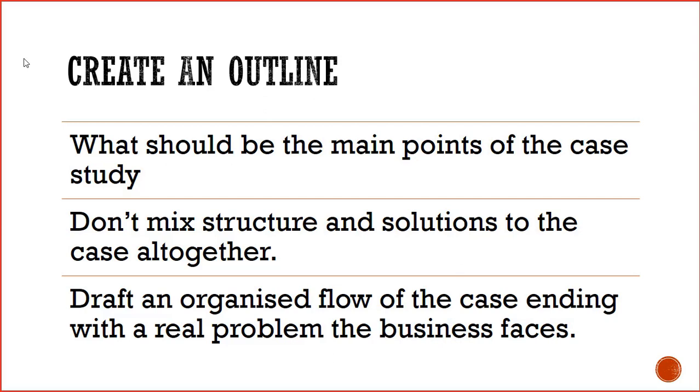What is the basic structure you want to have in it, as I told you a research paper has. So these are the main points of the case study. One thing you should remember: don't mix your case study analysis with the solution to the case.